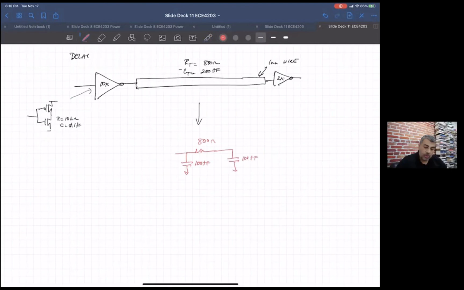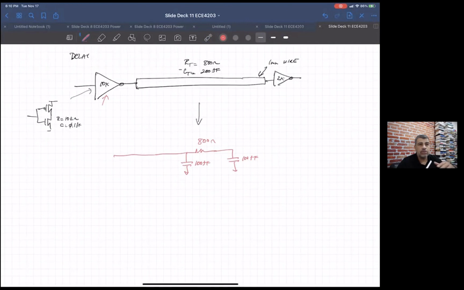Okay, cool. So let's look at this inverter that's driving it. Remember that this equivalent inverter tries to make its pull up and pull down resistances the same.